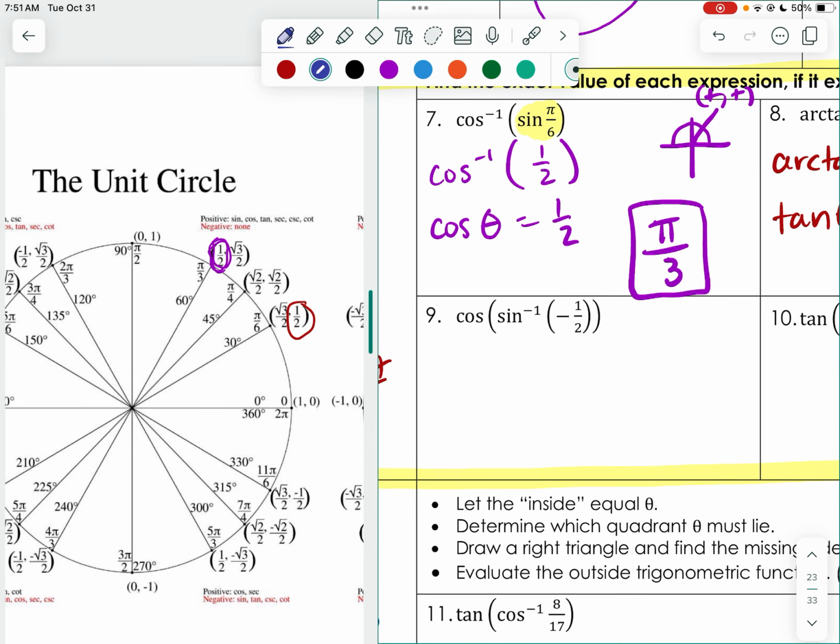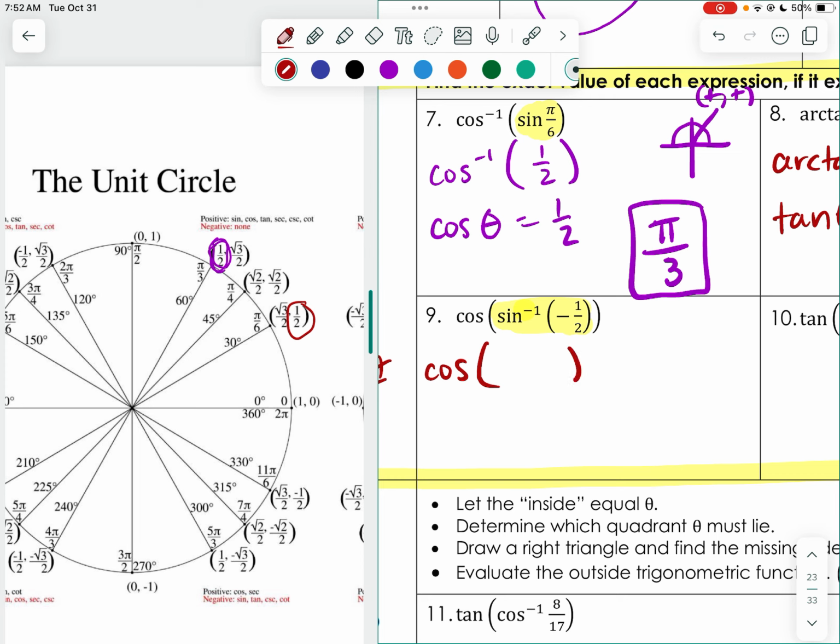All right, number 9. So this one, just pay attention. This is a little bit backwards from number 7. So 7, the inverse was on the outside. 9, the inverse is on the inside. So just always do the inside first. Read what that question's asking. So the inside part here, I'm going to rewrite the outside, is asking the inverse sine of negative 1/2.